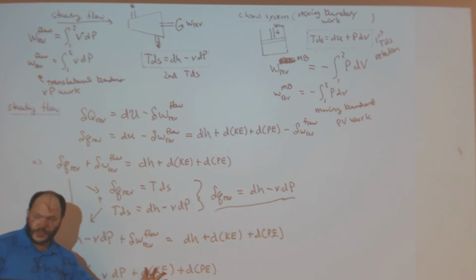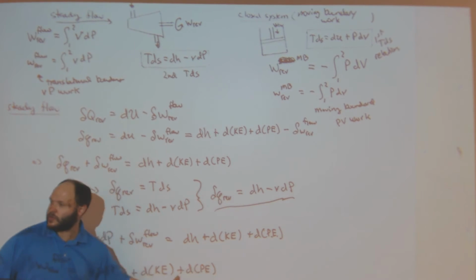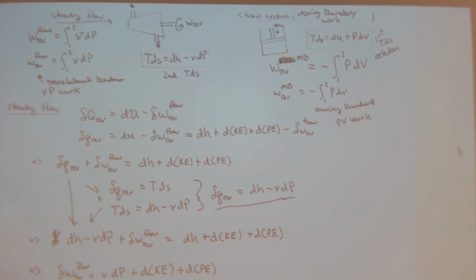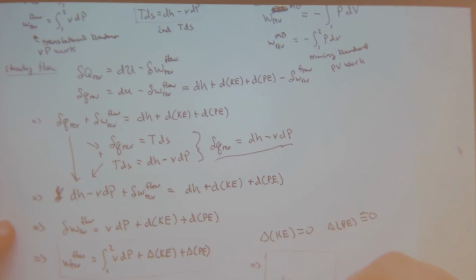So this term for steady flow is 0 for sure. This term is approximately equal to 0. So delta kinetic energy equals 0, delta potential energy equals approximately 0, which then gives me work reversible for flow is equal to the integral of V dP from 1 to 2.